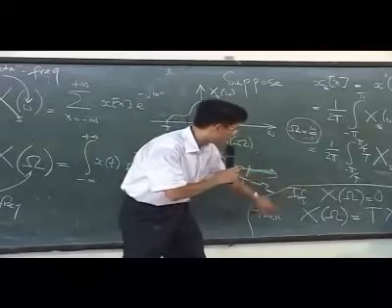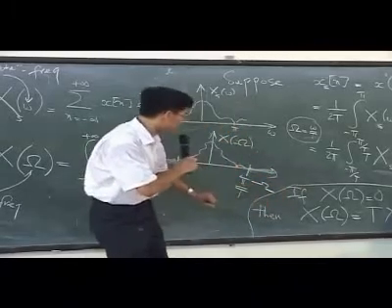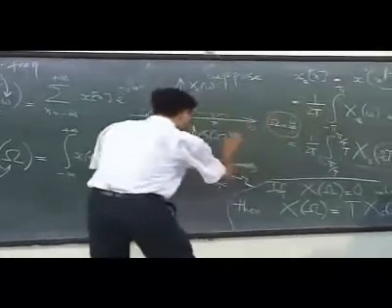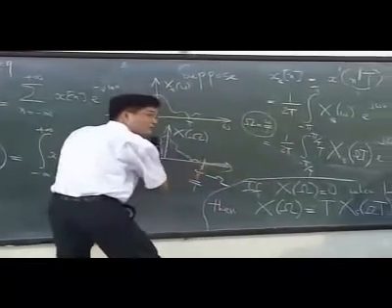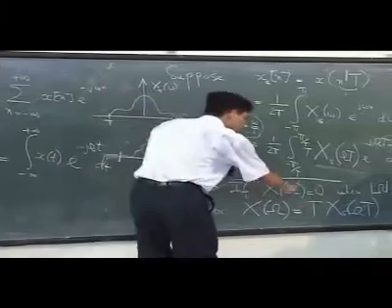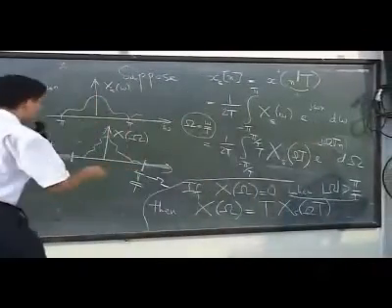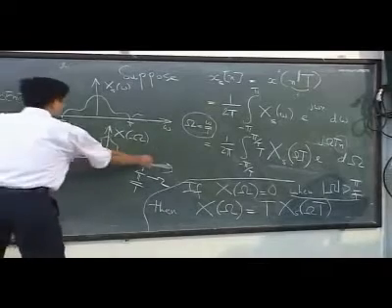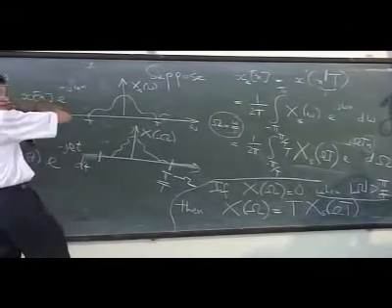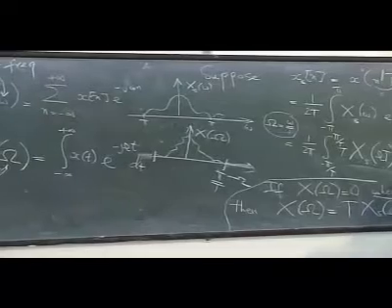And it only holds that this one here is equal to that, only in that interval. Outside that, I have a zero. But only that interval.